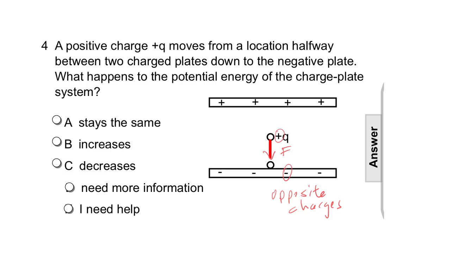So the test charge, the plus Q, little q, will spontaneously move towards the negative plate. When it does that, its kinetic energy will be increasing because it's getting faster and faster, but that energy doesn't come from nowhere. That kinetic energy comes from the EPE. I'm sorry, the UE decreasing.